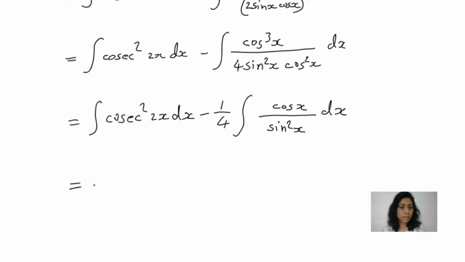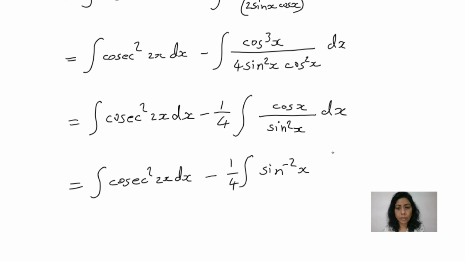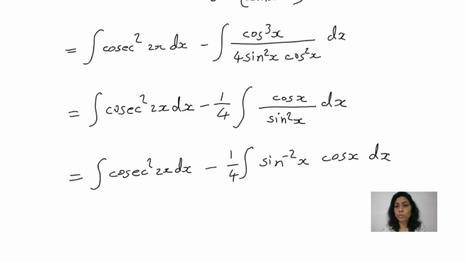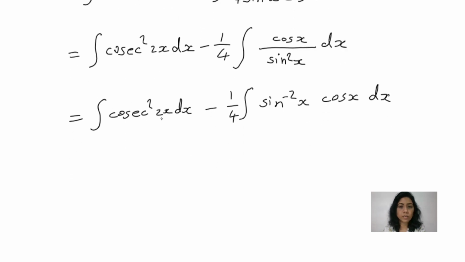Okay, integration cosec square 2x dx minus 1 upon 4 integration sin square x, we can write sin to the power minus 2 and cos x dx. Okay, so here two integrations, this one and this one.